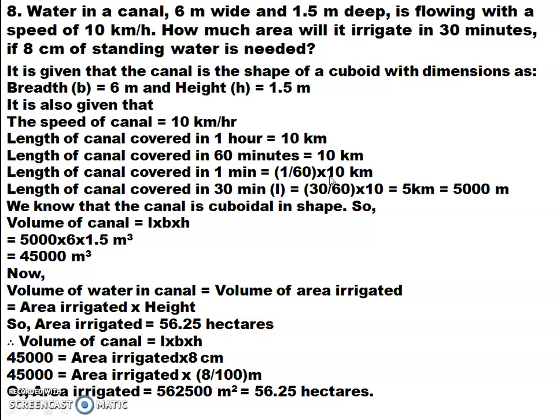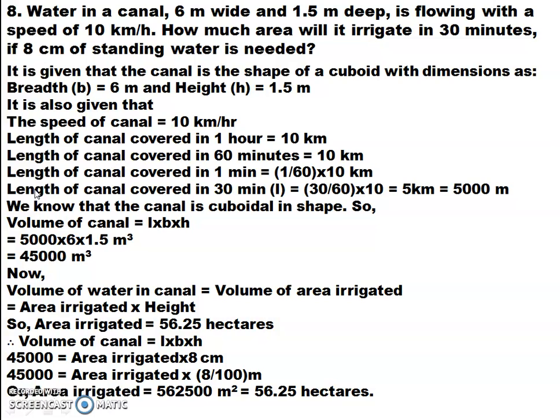That is 1 by 6. So length of canal covered in 30 minutes is equal to 30 by 60 into 10. That is 5 kilometer.